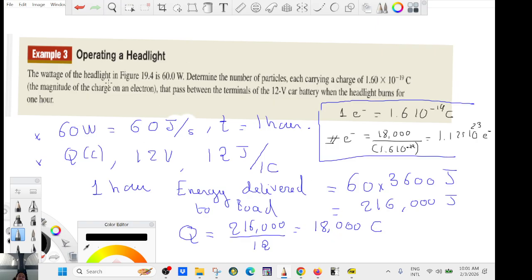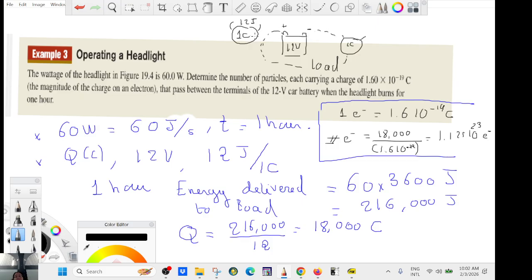But you can pretend that if you have a 12-volt battery, this is plus and this is minus. You can imagine that each coulomb of charge leaving the plus has an energy of 12 joules, and that's going to be delivered to the load, and then it comes back with no energy in hand, and it gets a boost again.